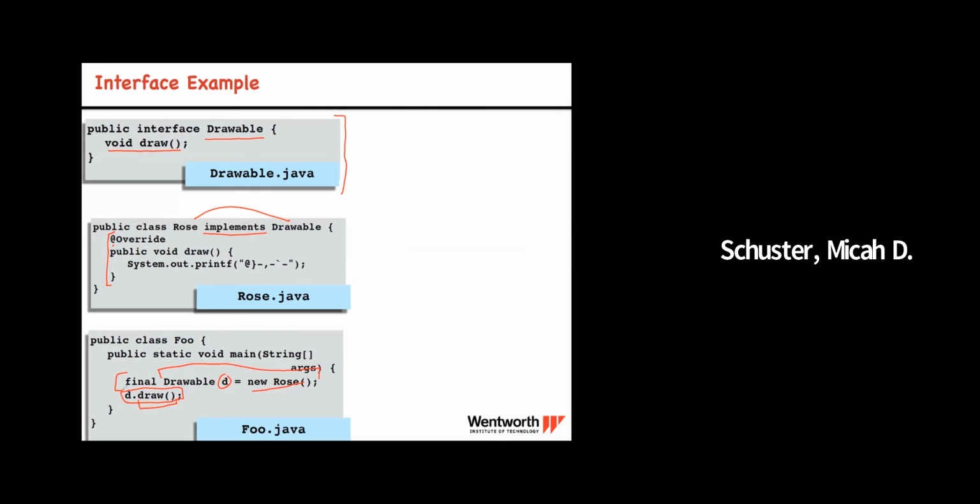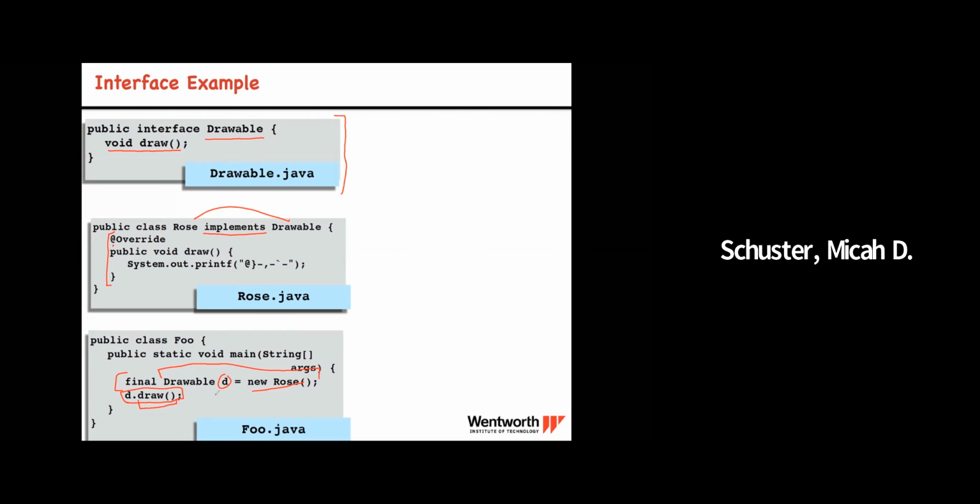So you could create a whole bunch of classes that all implement Drawable. We could have roses and faces and all sorts of other classes that implement Drawable, and they could all be classified as a Drawable. So you could make a Drawable array, just like we had a pet array that contained dogs and cats. We could have a Drawable array that contains any classes that implement Drawable.